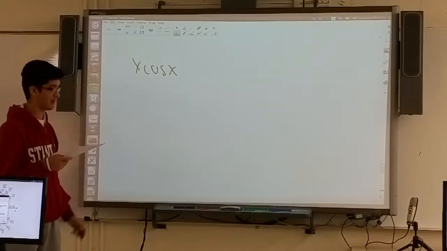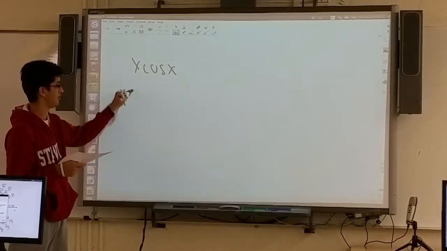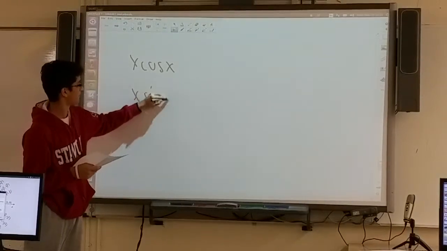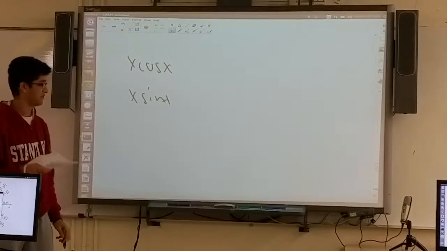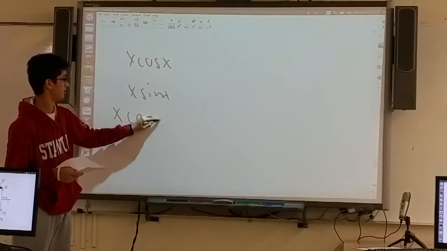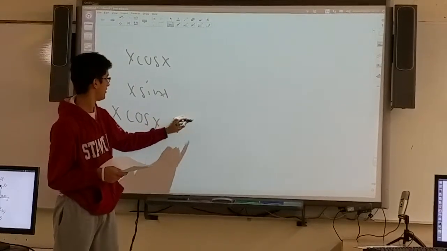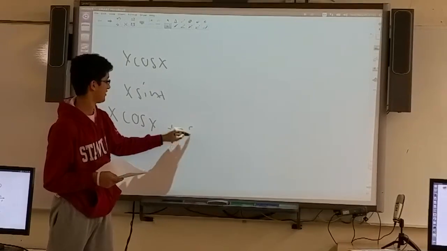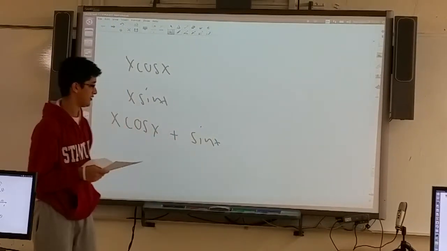So the first one obviously doesn't work because when you differentiate x sine x, you just do the product rule, so it's x cosine x plus sine x. So that doesn't work.